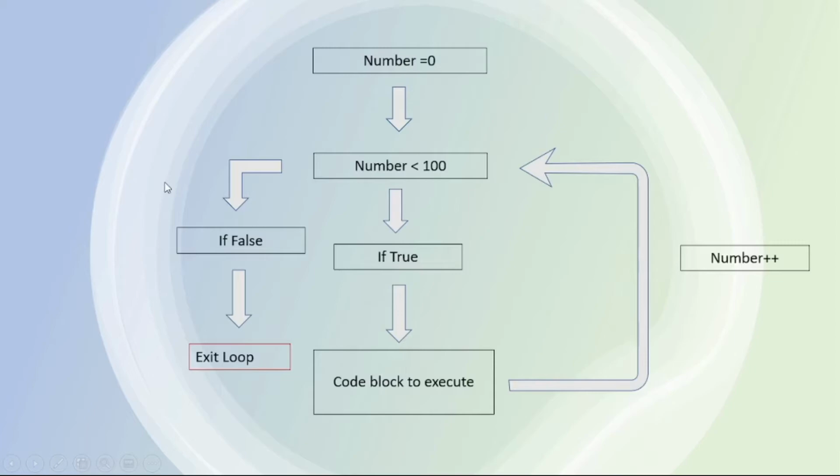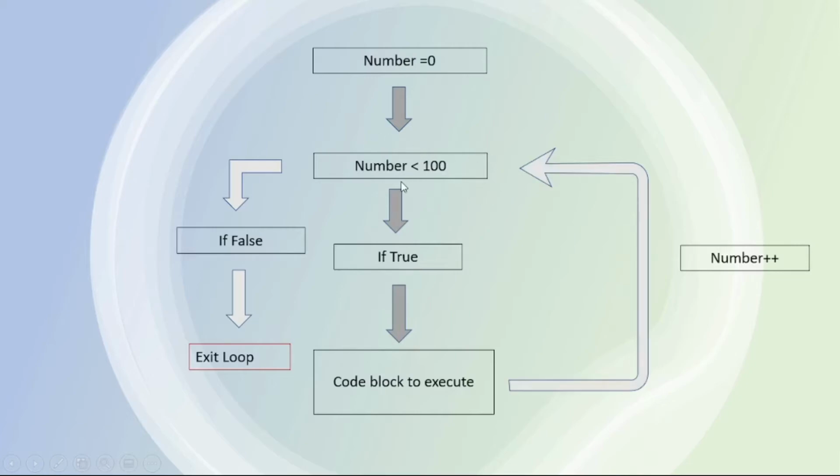So again I'm summarizing this loop here. If the number is equal to 0 and it is fulfilling its condition, which means it is true, then it will enter the statements of the for loop here, and after executing those code blocks, depending upon the type of operation we are using here, a unary operation on this number variable, it performs this operation and again checks this condition.